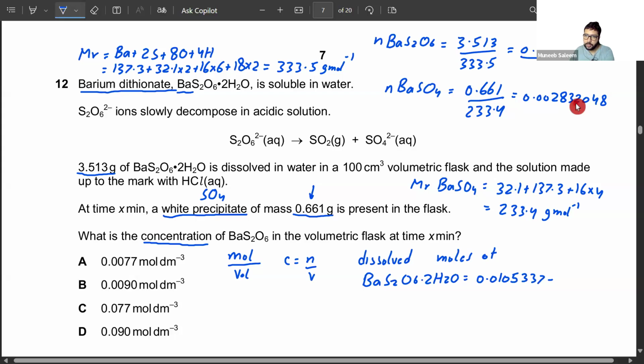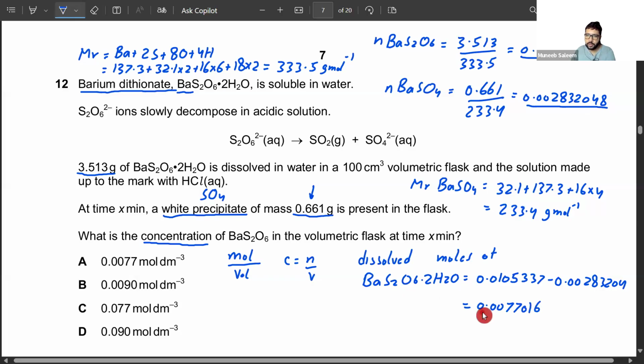minus 0.002, the value from the barium sulfate, 283204. This answer will be equivalent to 0.0007716.